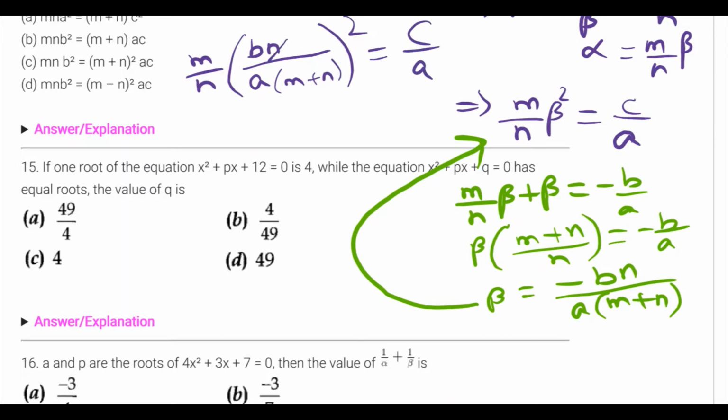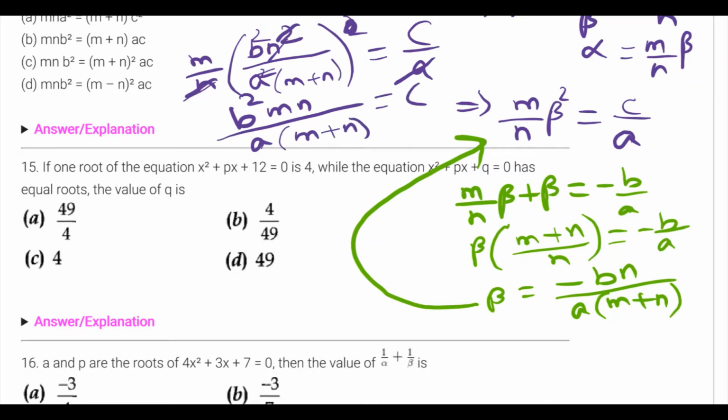One n from here, one n here gets cancelled. One n here, one n here, and one a here, one a here gets cancelled. So multiplying b square into mn by a into m plus n equals c, and m into n into b square equals m plus n of ac.